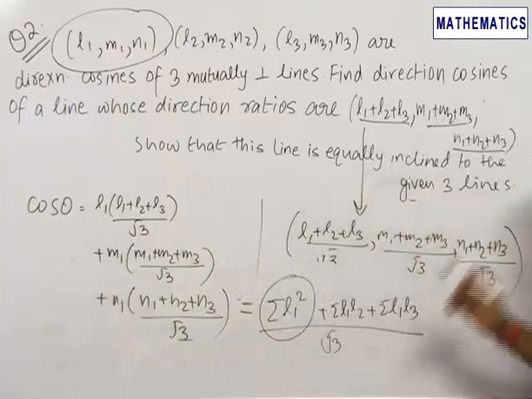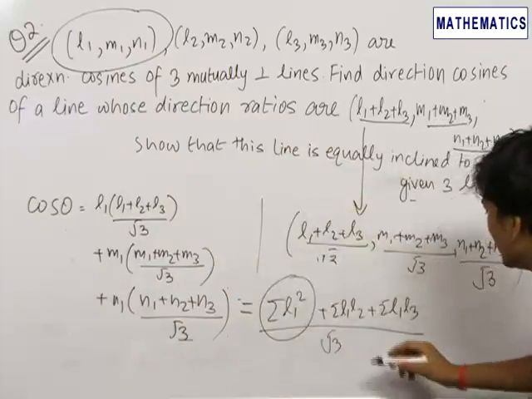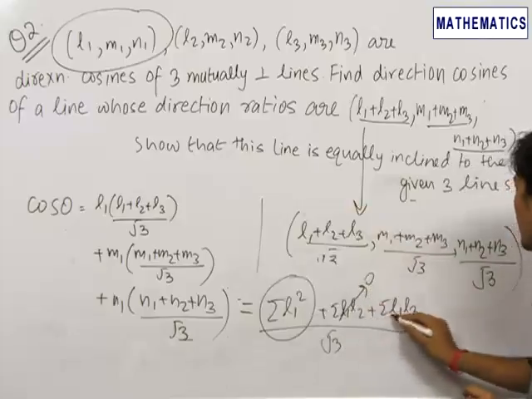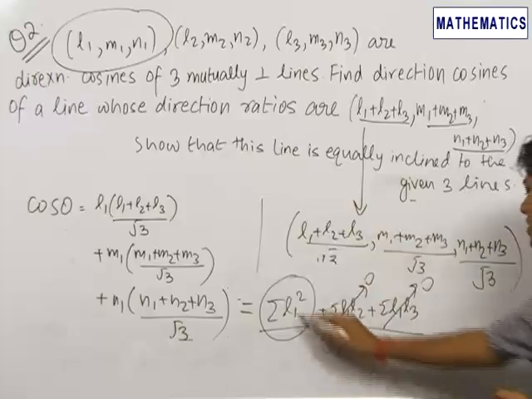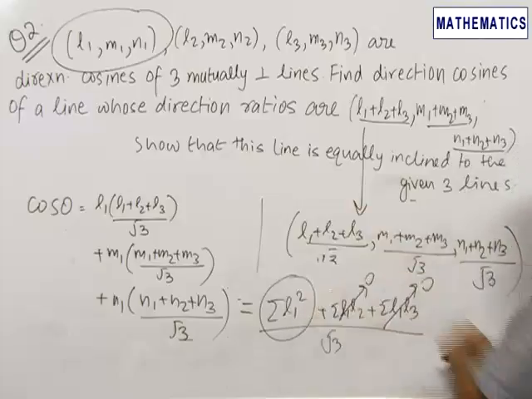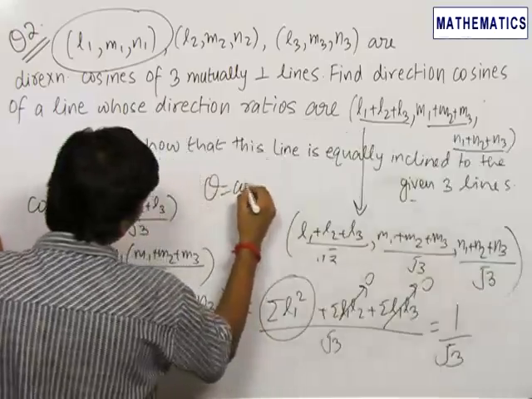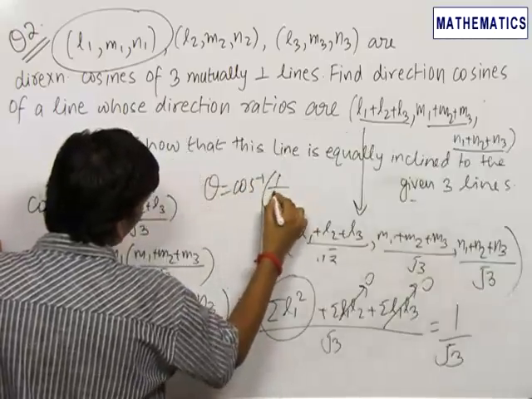As we had in the equations previously, L1 L2 plus M1 M2 plus N1 N2 is equal to 0, and similarly the other term is also 0, and summation L1 square is equal to 1. Therefore we get this as 1 upon root 3. Therefore cos theta is equal to 1 upon root 3, that is theta is equal to cos inverse 1 upon root 3.